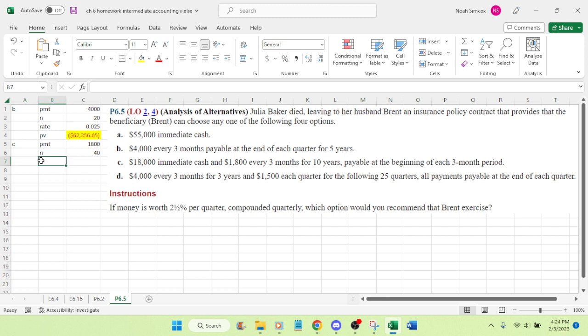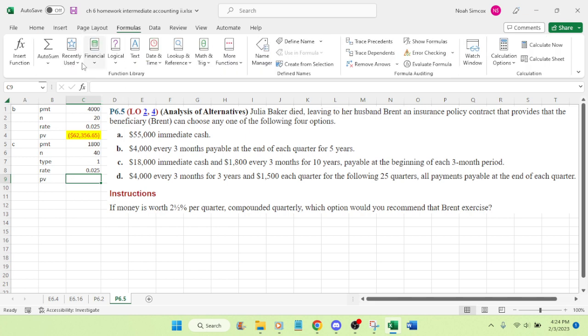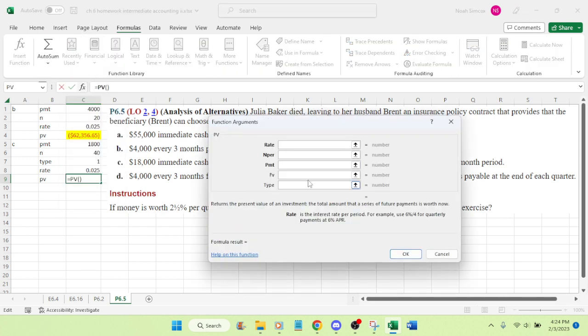Type 1, and then rate is 0.025. What we will do first is do the calculation and then add this number. That was funny. Present value. Rate. Number of periods.